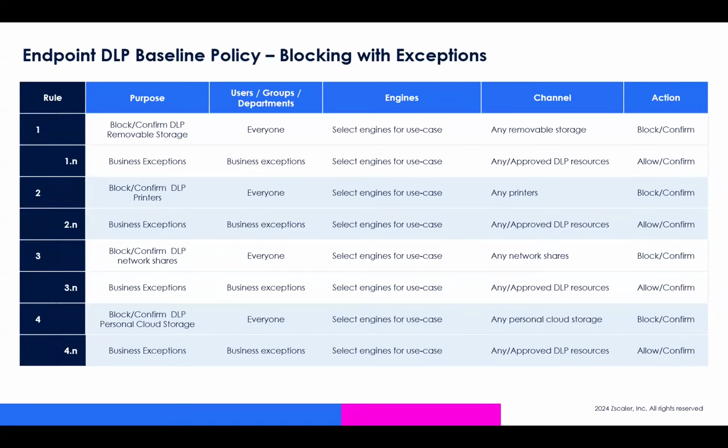The child exemption rule here under it allows specific users, groups, or departments to upload sensitive data using select engines to detect it to select approved DLP resources. Rules 2 and 2n do the same thing for printers, rules 3 and 3n for network shares, and rules 4 and 4n for personal cloud storage.